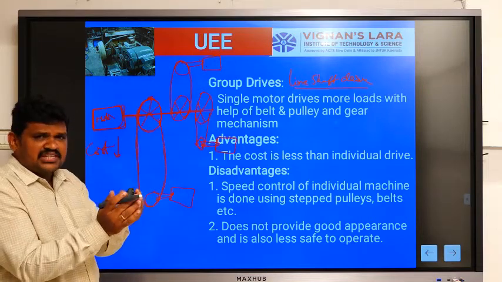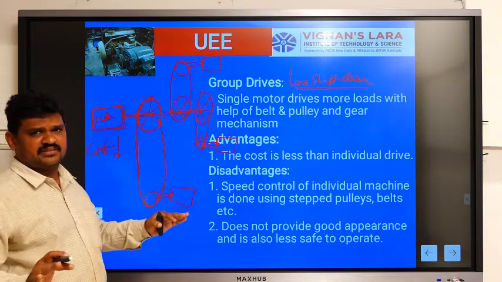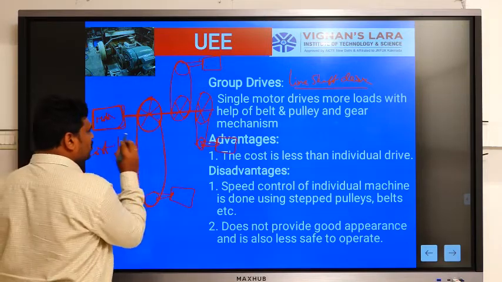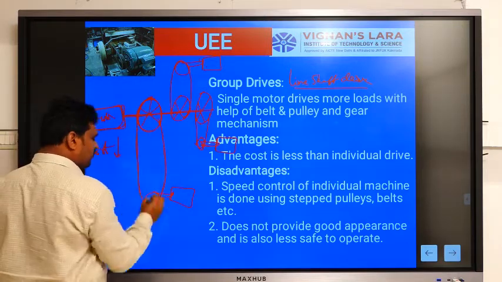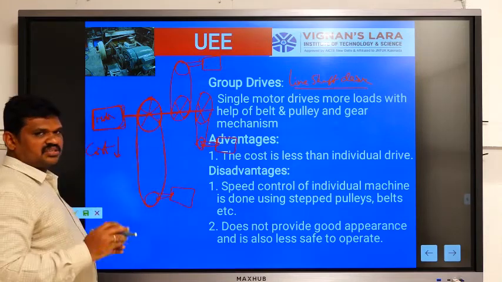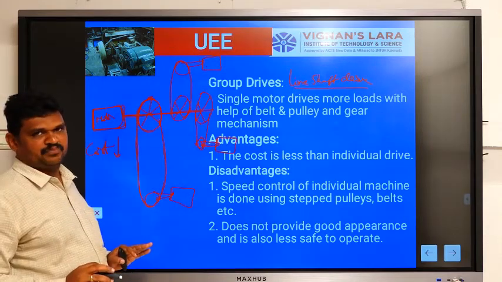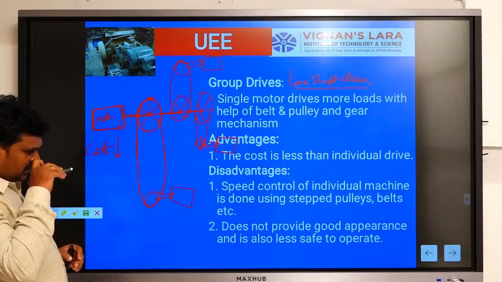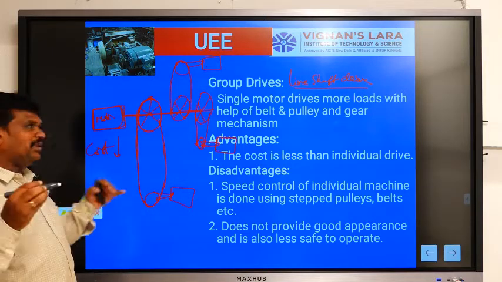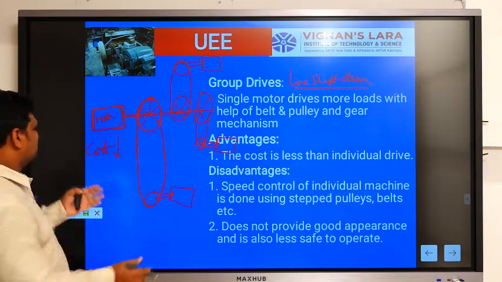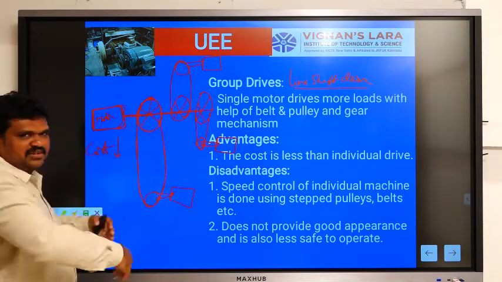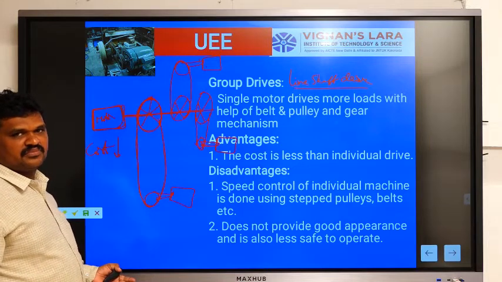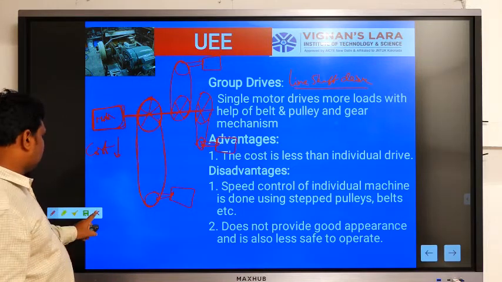If we reduce the pulley size, the speed will increase. So the speed control of a single machine is somewhat complicated. Next, it does not provide good appearance. Why? Because it has many pulleys and many belts. The appearance is not good.